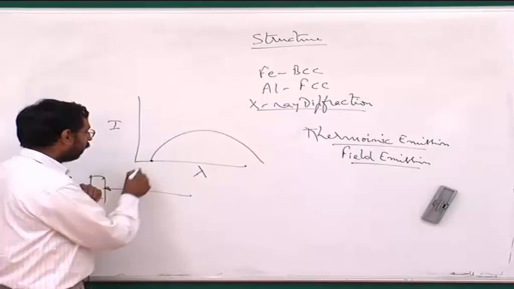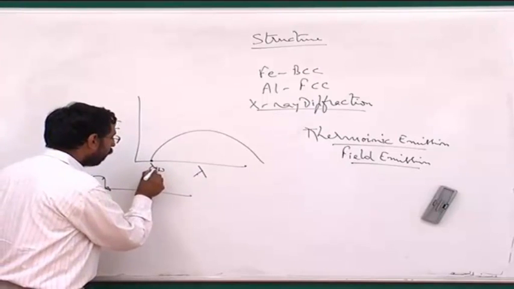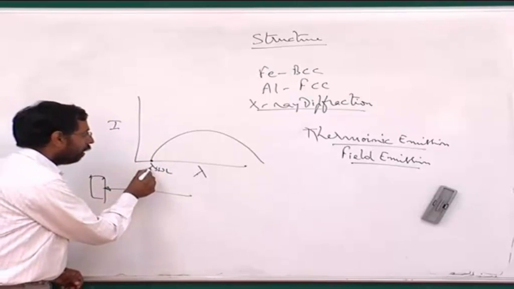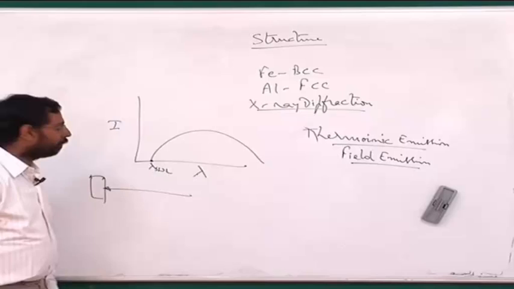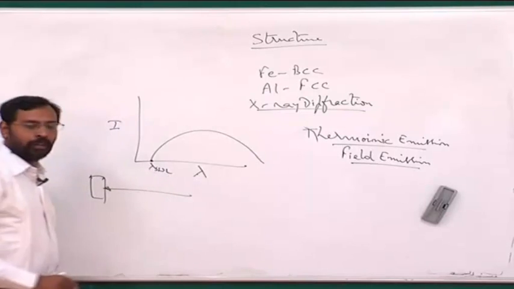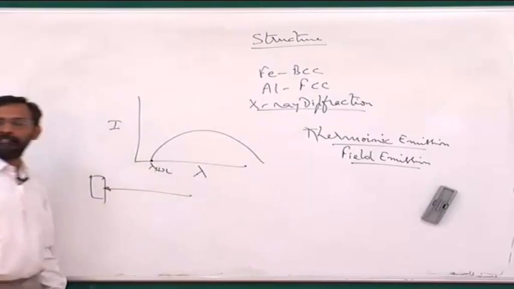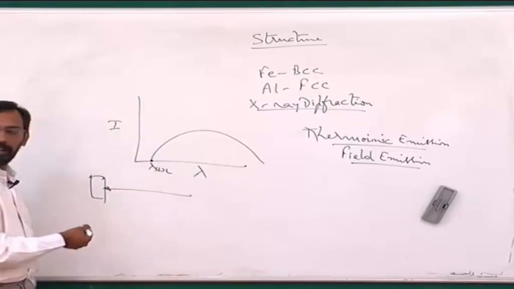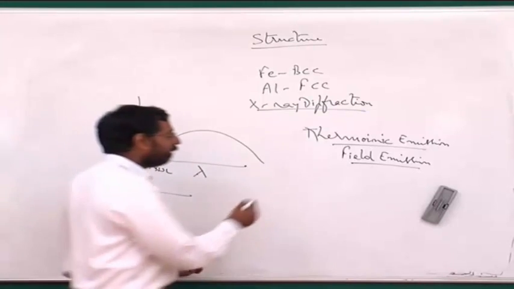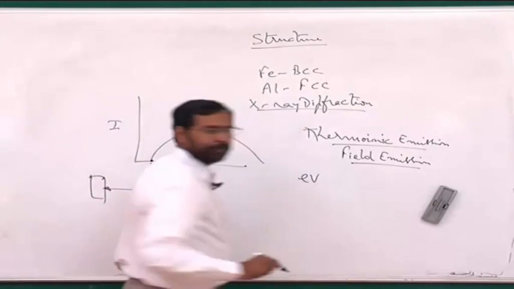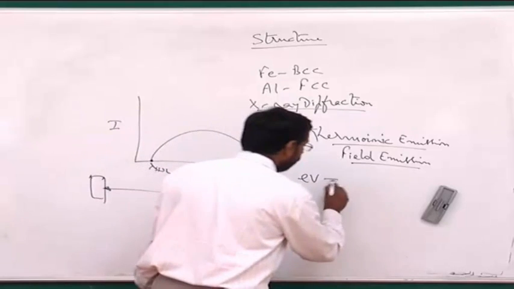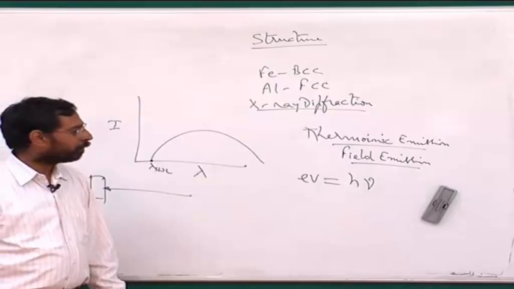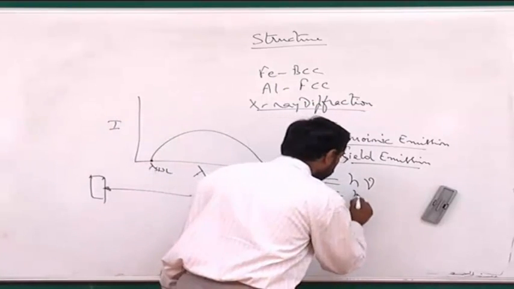And the smallest wavelength here is usually referred to as lambda SWL, which is called the smallest wavelength. That is the wavelength that you get generated when all the energy of the electron is consumed. An electron has a certain energy, which I call eV, and eV is equal to h nu, we know, or hc by lambda.